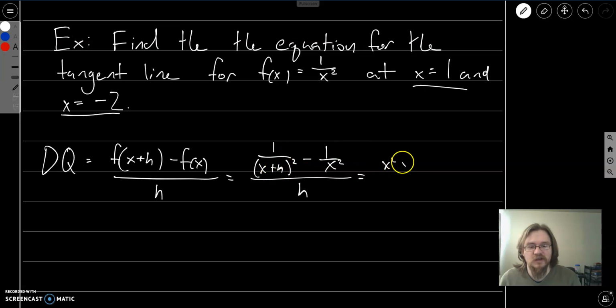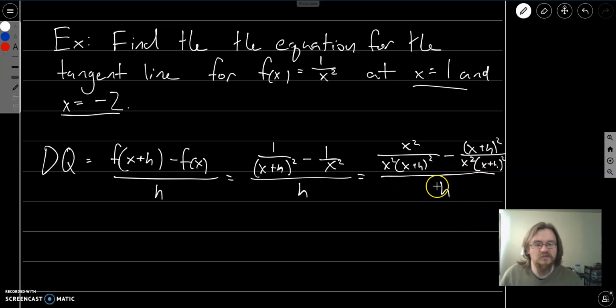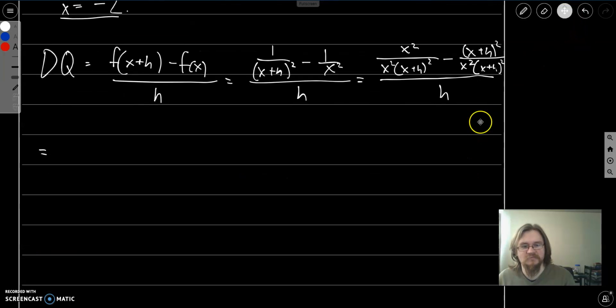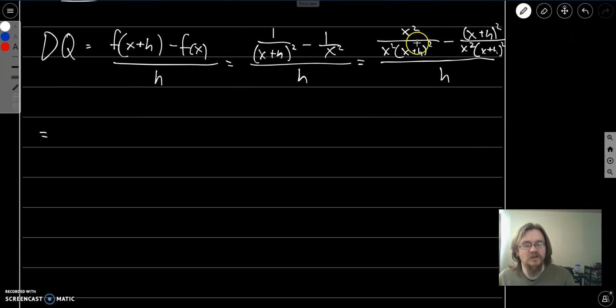So I'll get x squared times x plus h squared all over x squared. And then the one on the right, I'll multiply by x plus h squared. So I've got an x plus h squared, and all this is still divided by h. So let's simplify this. Well, the two top fractions I can now combine.